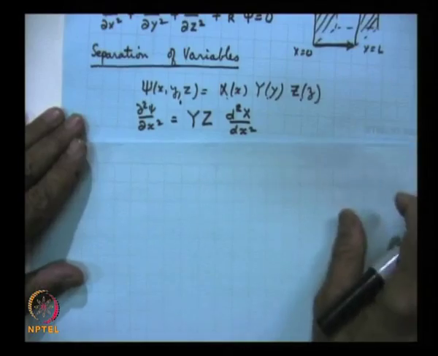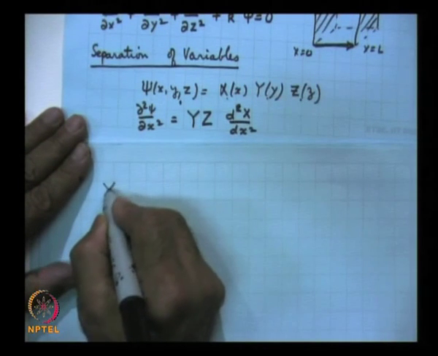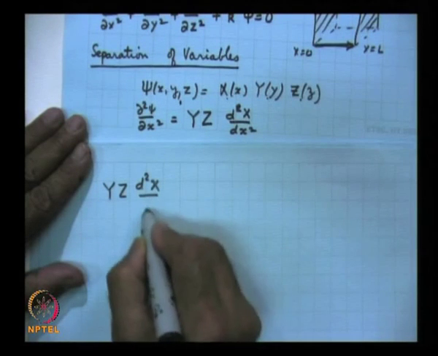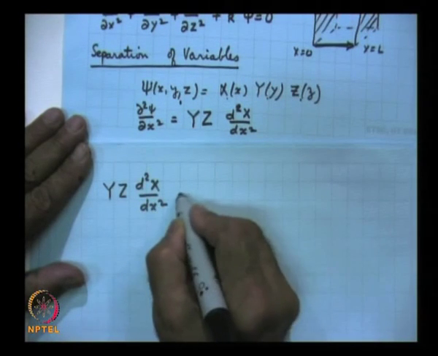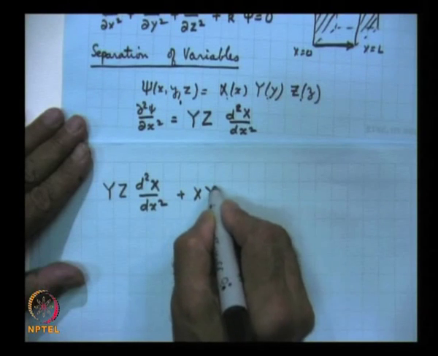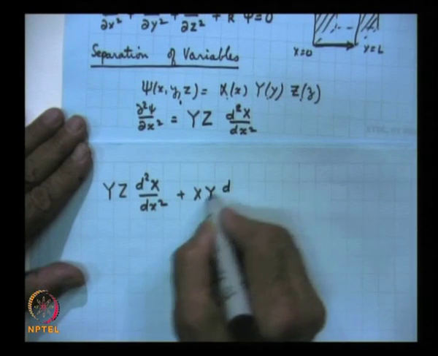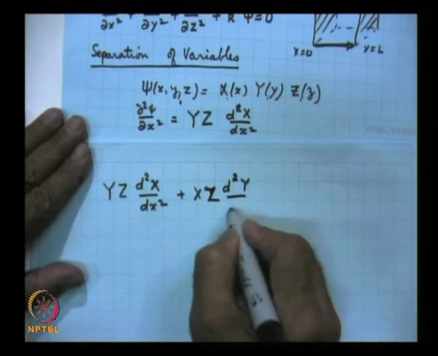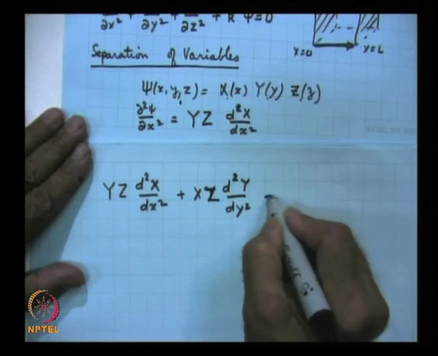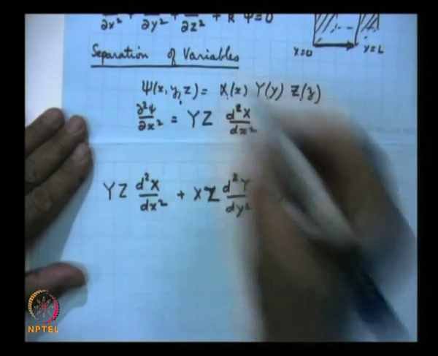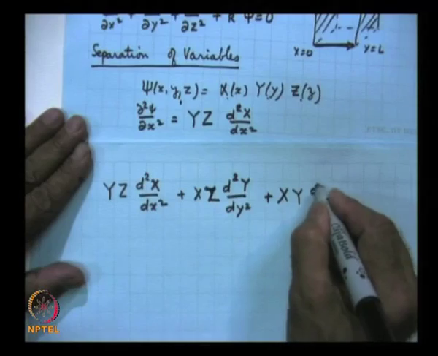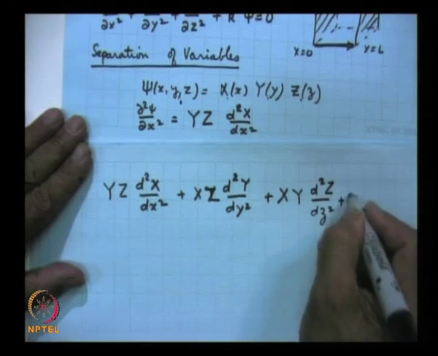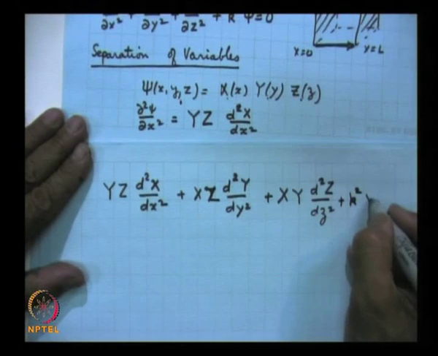So, we will get Y Z d 2 X by dx square, then X Z d 2 Y by dy square, plus the third term X Y d 2 Z by dz square plus k square into psi.